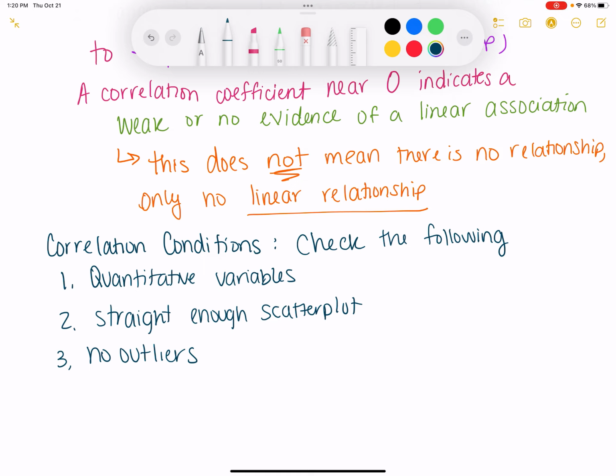So the second 2 things you may not know until you create your scatter plot. Because you could create it, but you cannot give me a correlation coefficient of zip codes or dog breeds or something like that. So these are all checked by examining the scatter plot.